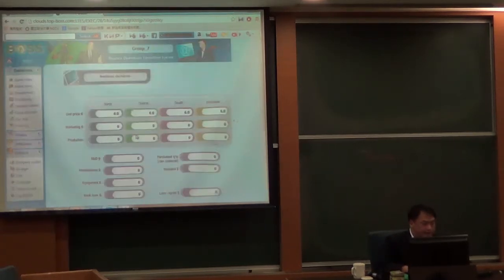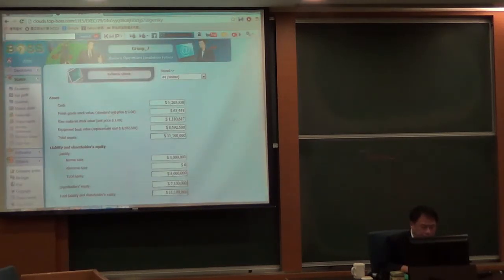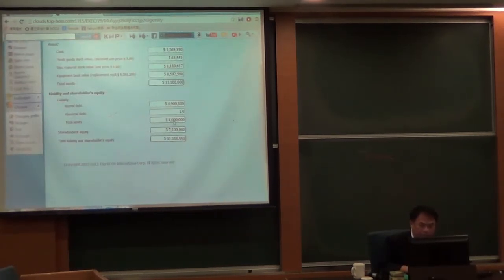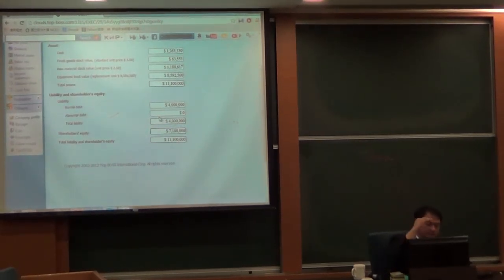Do remember that there is a possibility you go bankrupt. Please go back to the balance sheet, the debt ratio. You have a liability of 4 million now, and the debt ratio is the ratio between your liability and shareholders' equity.